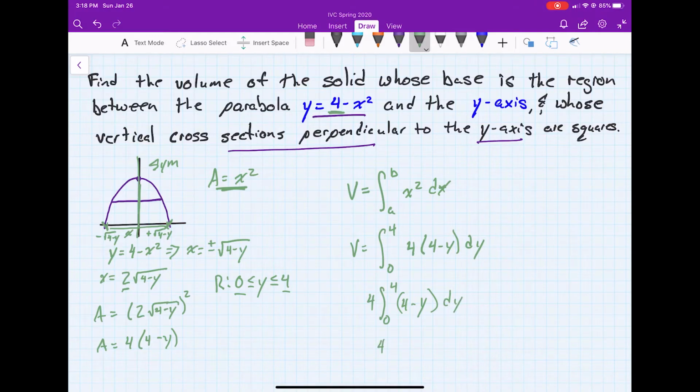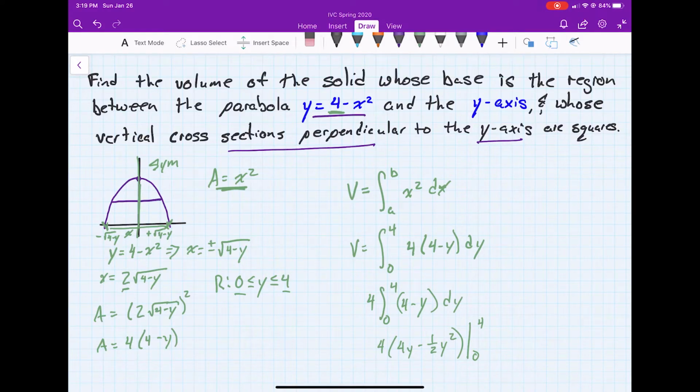Now, if I take this integral, I'm going to have 4 times 4y minus 1/2 y squared, evaluated from 0 to 4. And then, of course, we're just going to plug these numbers into our antiderivative here.